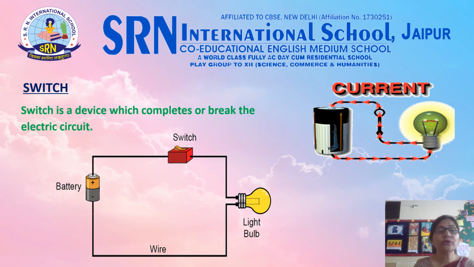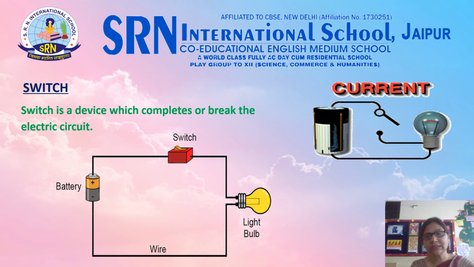Children, when you want to put off a light or a fan, what do you do? You turn off or switch off to stop the flow of current in the electric circuit. The switch that you use for this purpose works by breaking the electric circuit.